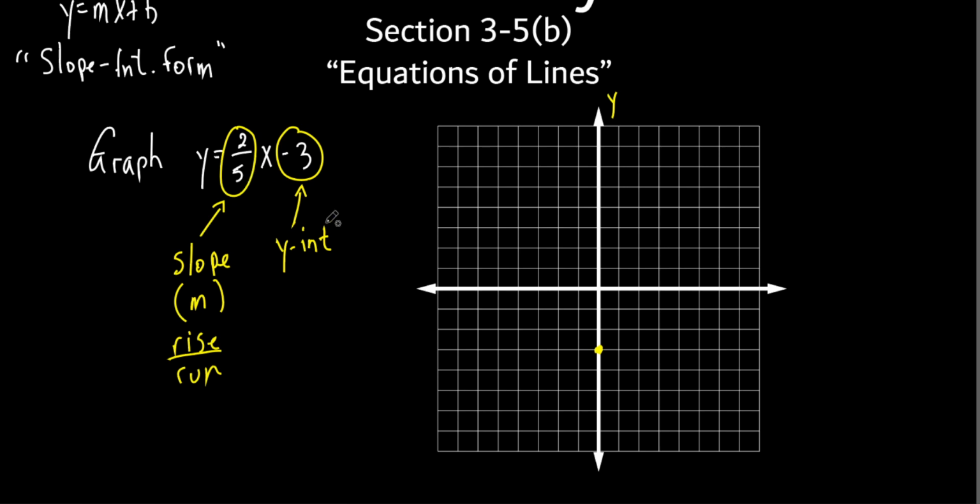Everybody got that? So how do we graph it? Super easy. You put a -3 at the y-axis. That's the first thing. And then from the -3, don't start at the origin. I've had kids do that. Start at the y-axis. And then we rise 2, so we go up 1, 2. And then we run 5. That means we go to the right 1, 2, 3, 4, 5.